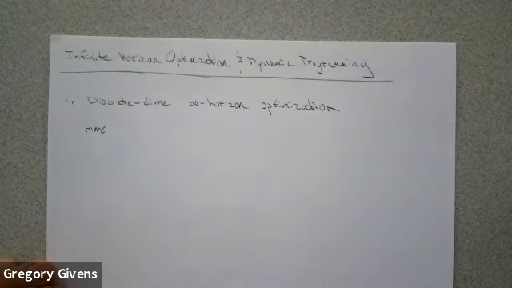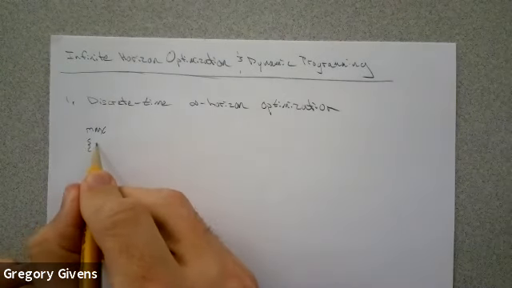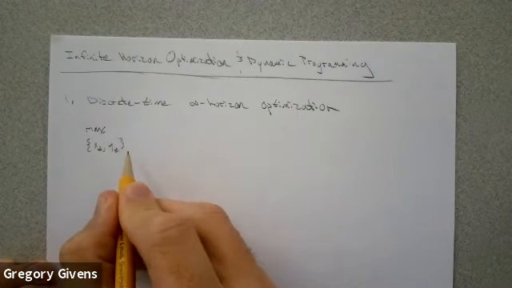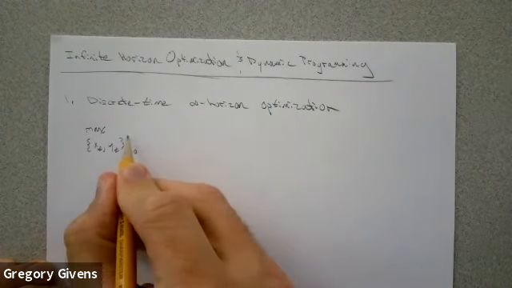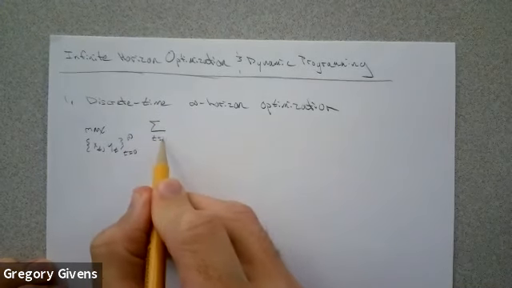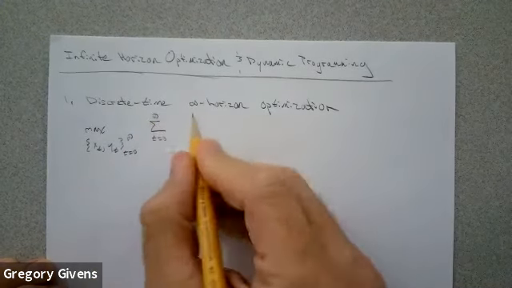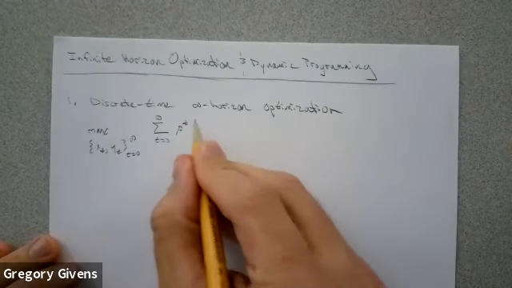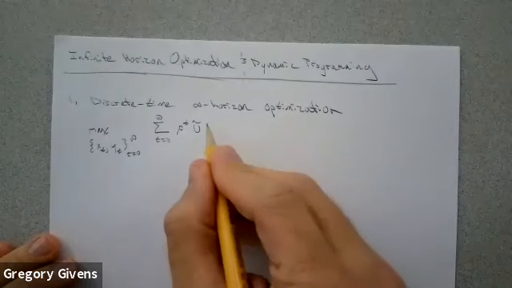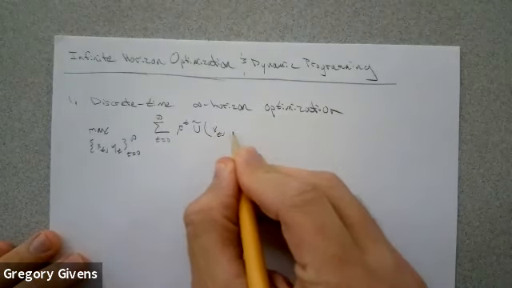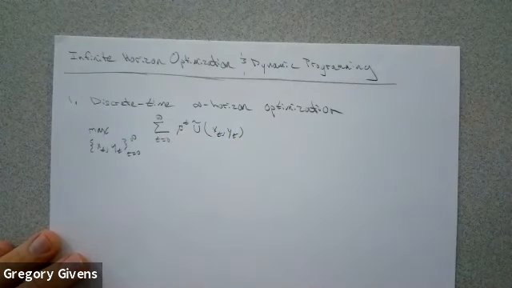A planner is going to maximize over sequences of X and Y's that I'll define here in a minute, the infinite sum of discounted values of some payoff function U tilde, which depends on xt and yt, subject to some constraints.